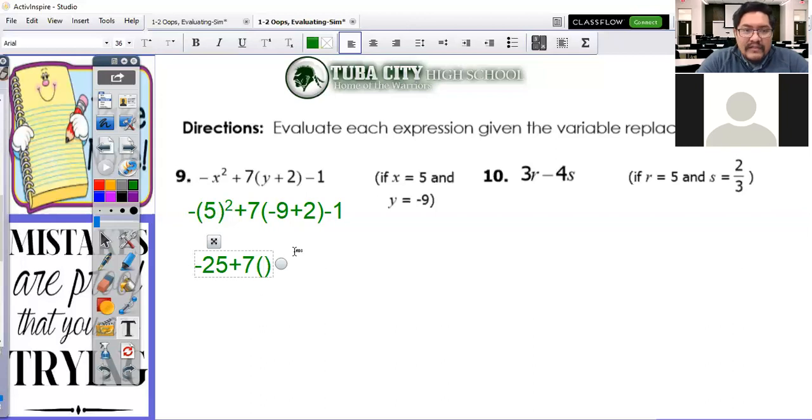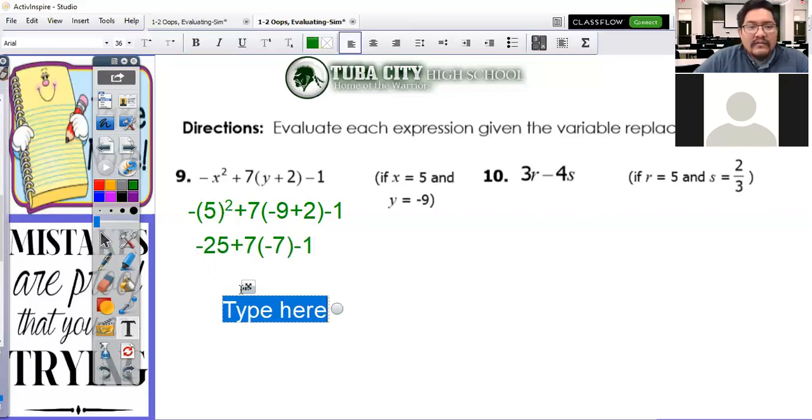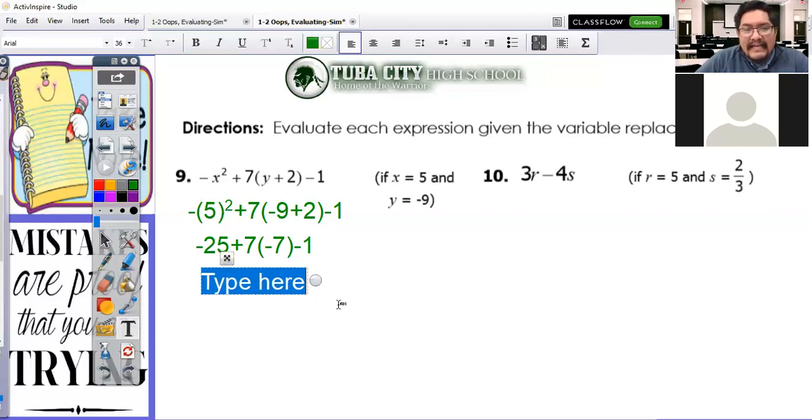Okay, now for this one, moving on, negative 9 and 2 would be negative 7. So I'm going to go ahead and put those two together. Now, again, remember how I said you've got to watch out for these and ask yourself, does this make a negative or a positive? Because in this case, this is still a group. The parentheses are still being useful right here because they're being used as a multiplication now.